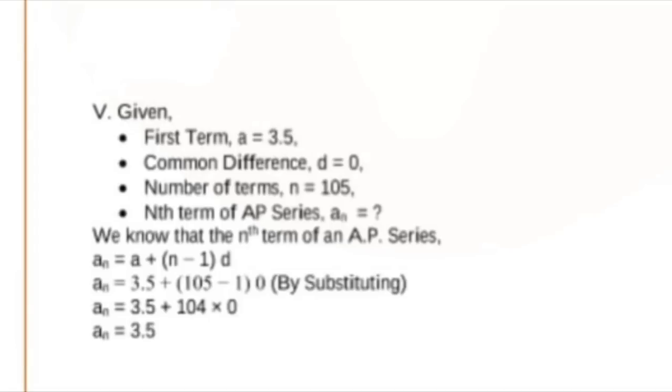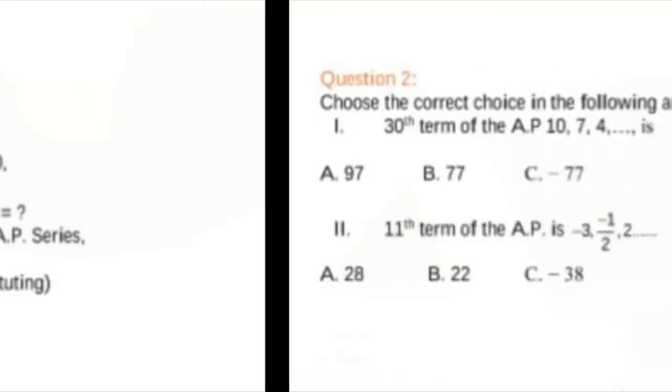Now we have to calculate the nth term of the AP. Let us write the formula for the nth term. An is equal to a plus n minus 1 into d. Now 3.5 plus 105 minus 1 into d, the common difference is 0. Now 0 into any number is 0, therefore 104 into 0 is 0. Here the nth term is 3.5.